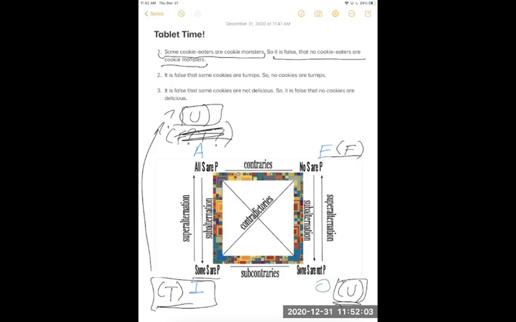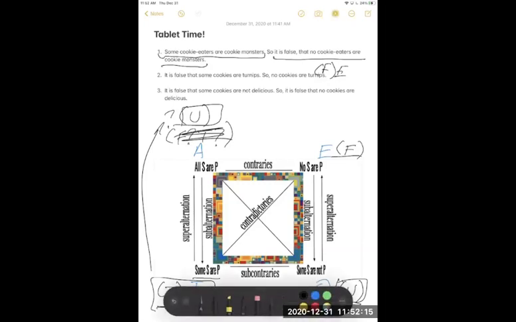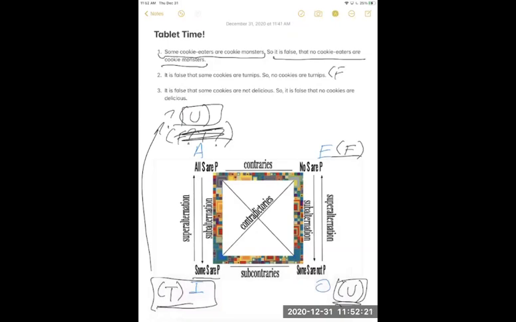The conclusion seems to be suggesting that there's a false: it is false that no cookie eaters are cookie monsters. That's an E statement. Let me make it a little cleaner here. According to the conclusion, there is a false E statement. So false E, that's what the argument says.